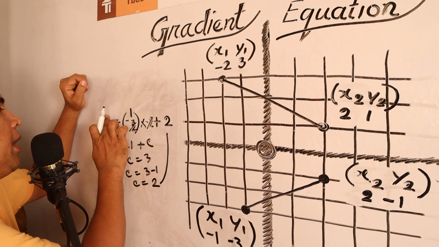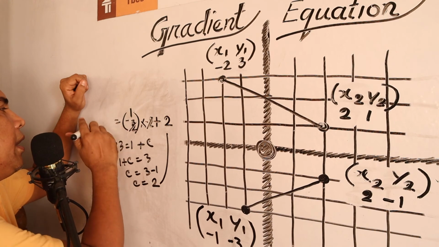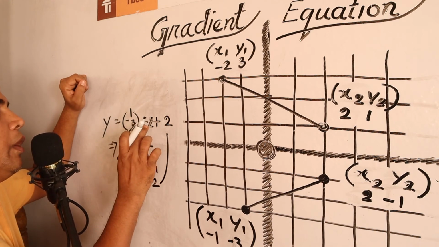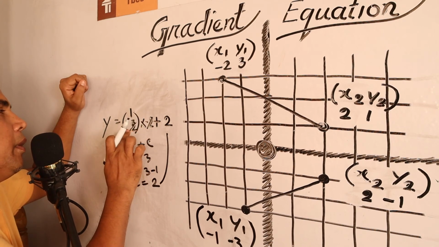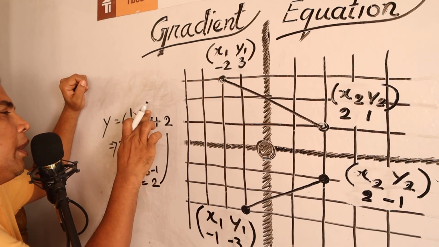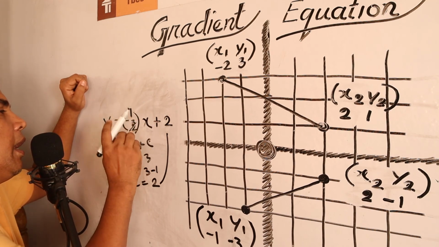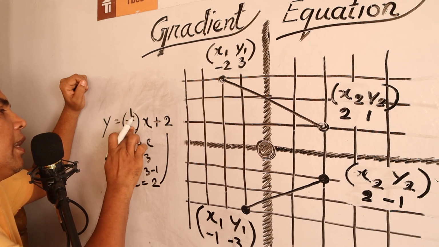So now again we are writing the equation. So y is equal to, if we put x here, and there was the gradient, write the gradient here.